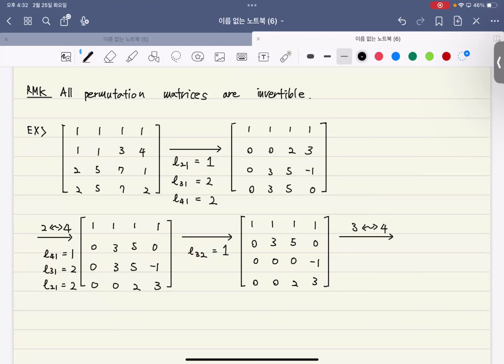Okay, so L31 is 1, L41 is 2, L21 just carries over, and what is this? 4, 1. Sorry, not 1. 4, 2 is 1. Am I right?